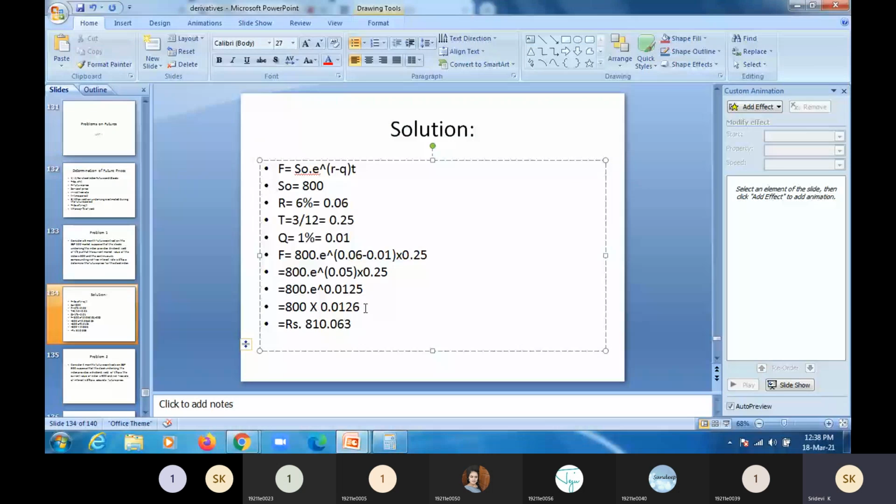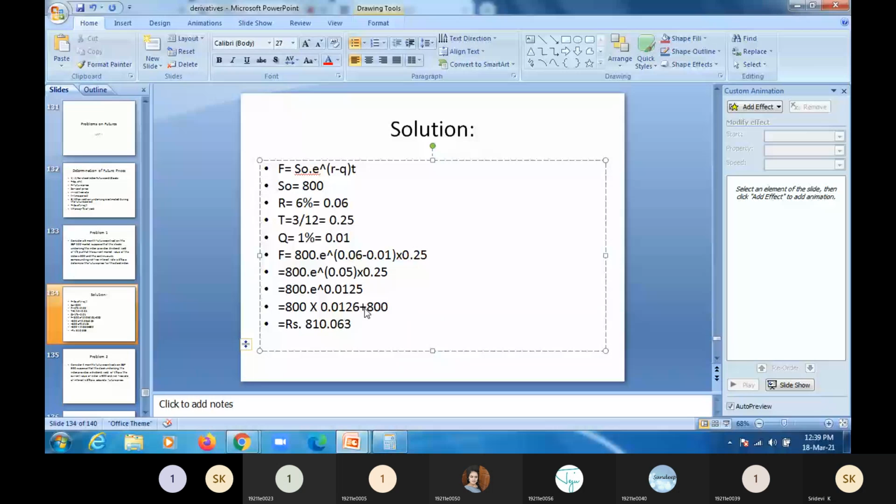If you get 1.0126 directly, then don't add 800 again. But if you get the result like 0.0126, you add the S0 value again.